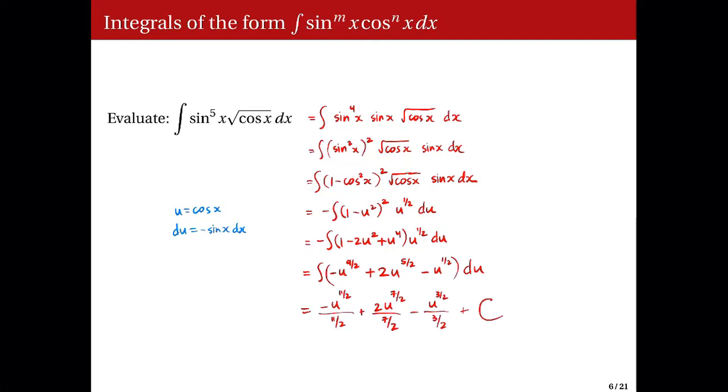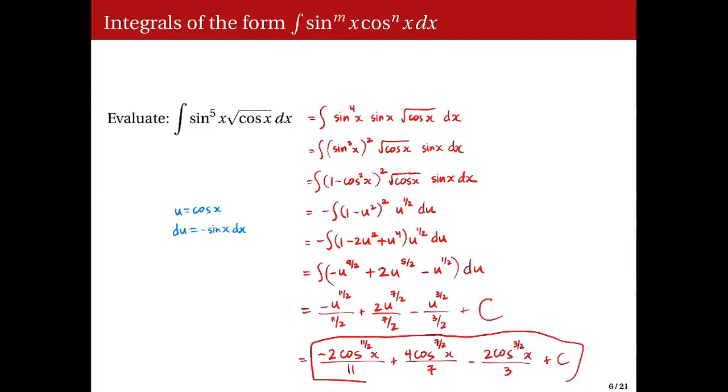So this is just negative 2 cosine raised to 11/2 x over 11 plus 4 cosine raised to 7/2 x over 7 minus 2 cosine raised to 3/2 x over 3 plus the arbitrary constant c. So this is the final answer.